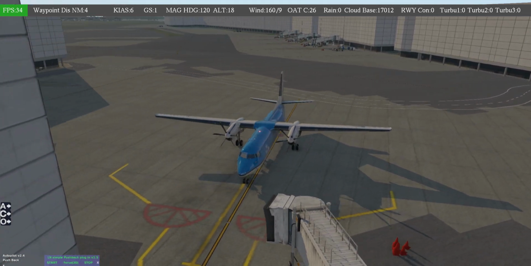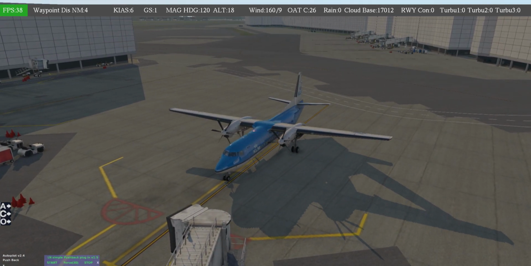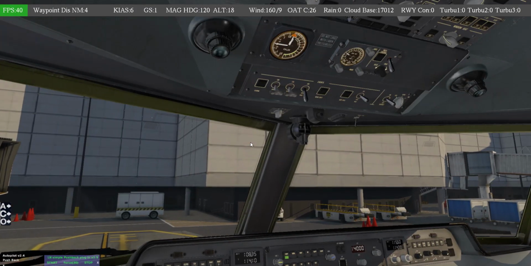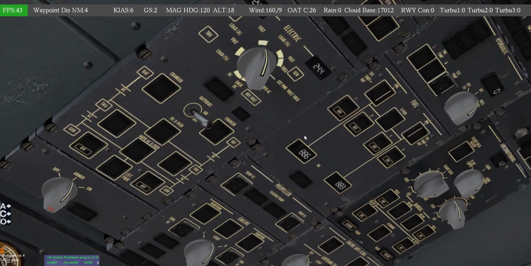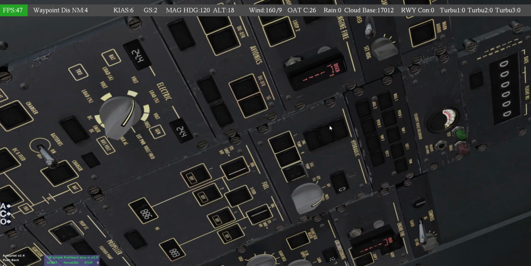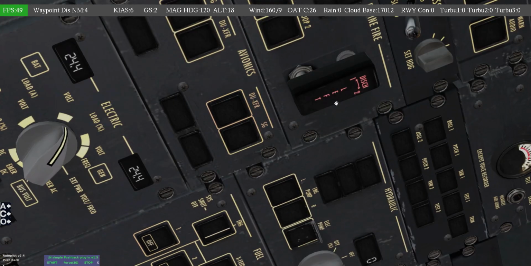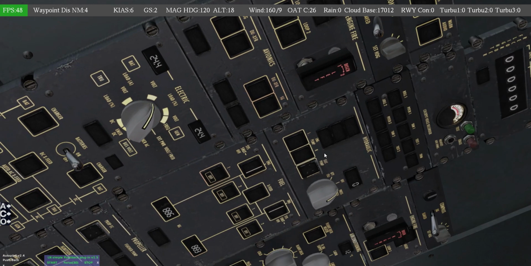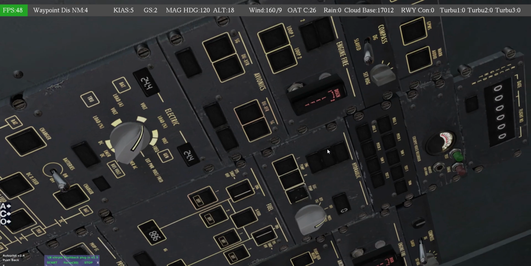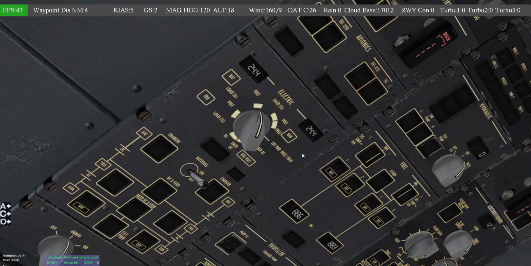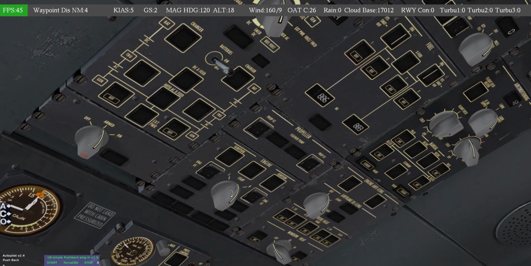Do note the limitation here that I can't use the nose wheel because the engine is not running, even though if I set the hydraulics, it would not make any difference, because the engine is not running.